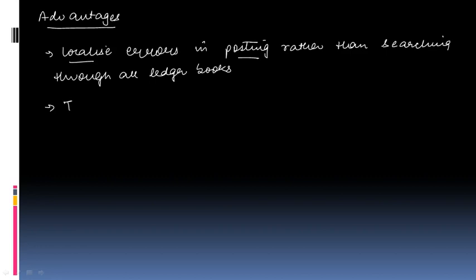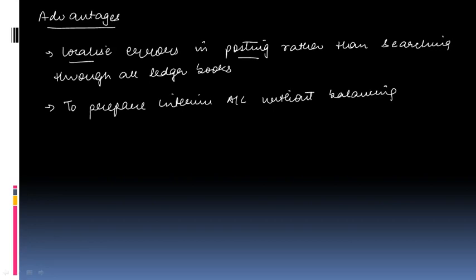If you want to prepare interim accounts without balancing each personal account, you can straight away prepare the interim account, because looking at such control accounts, you will come to know that yes, this is my total debtors and this is my total creditors.